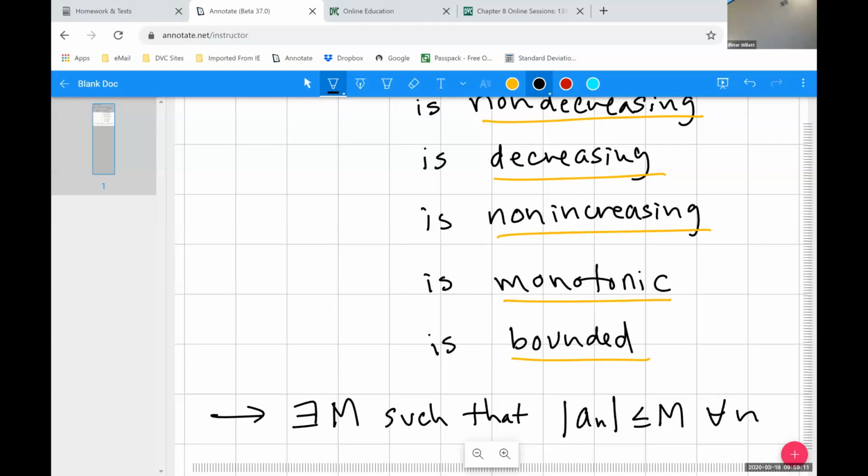So we will refer to the idea that a sequence is bounded when we believe it doesn't head off to negative or positive infinity, that at some point you reach a maximum value of the sequence. Or even if it doesn't have a max value, there is a number that the sequence does not go beyond, either a number big enough or small enough, positive or negative in that direction.